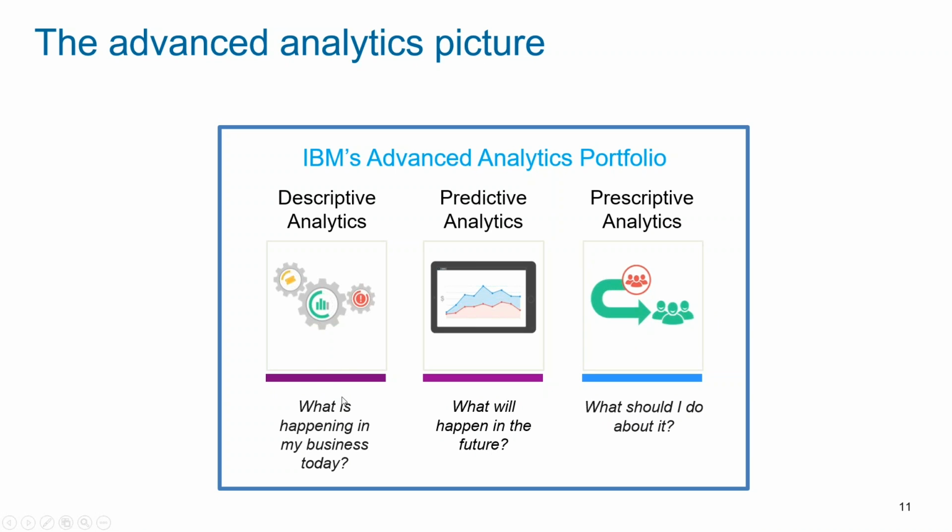Descriptive is going to tell you what is happening to my business today. You're going to get your insights. Predictive is what will happen in the future. And then prescriptive is going to help you understand what you should do to improve your operations, to use the information you have collected before to do optimization.